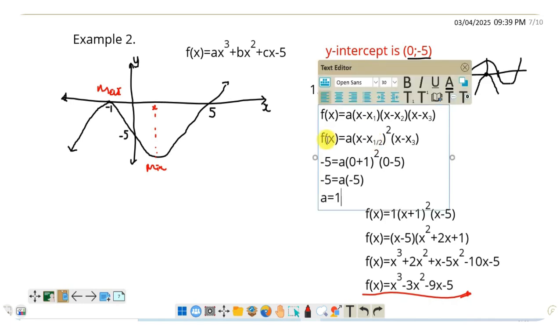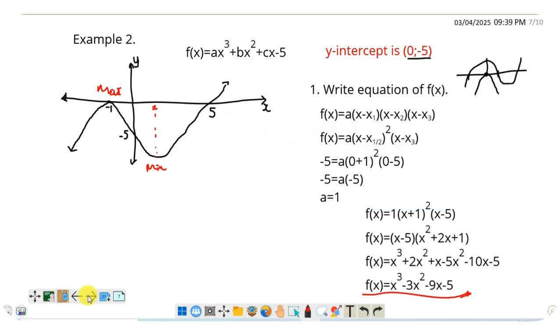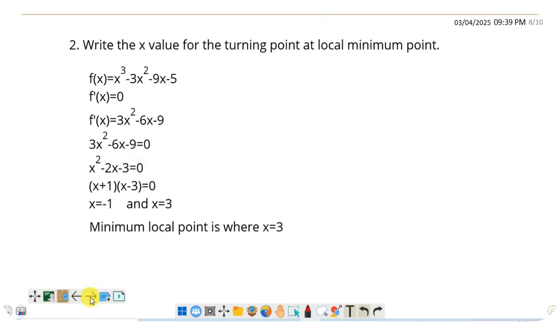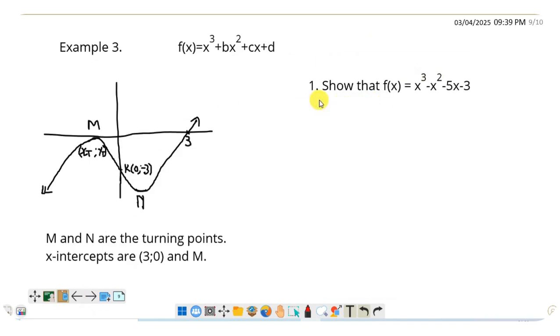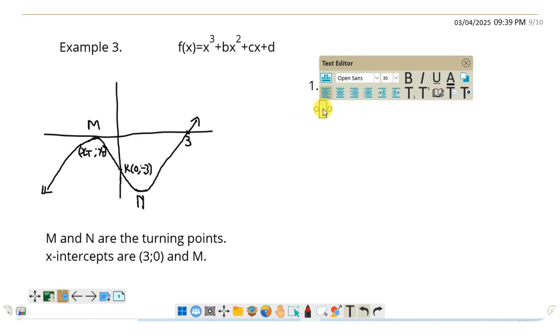Okay, it's this one, because the graph turns exactly on the x-axis line, so it must have this square. Okay, so we can go and here we have f of x.